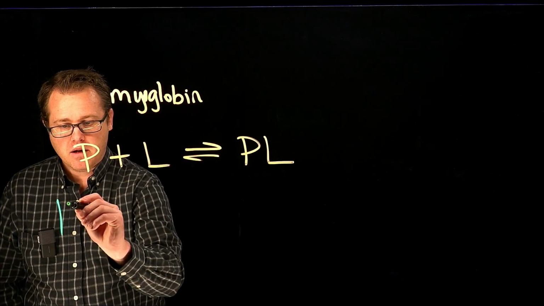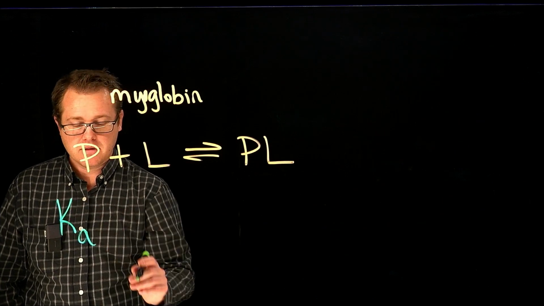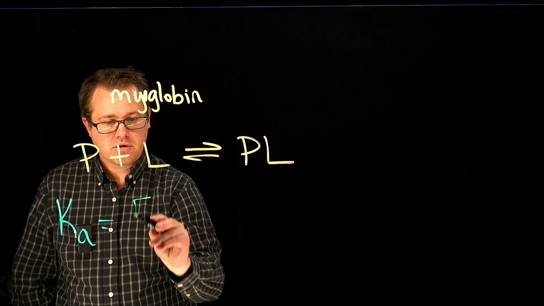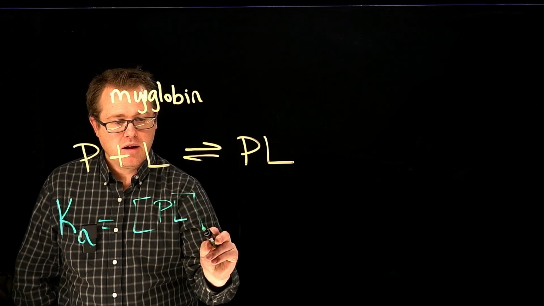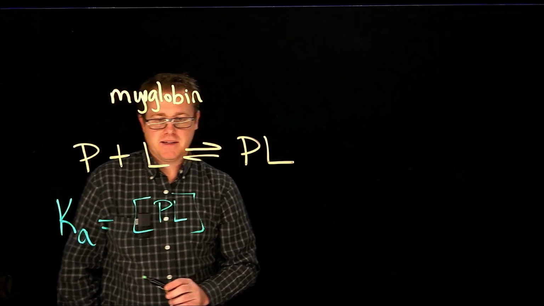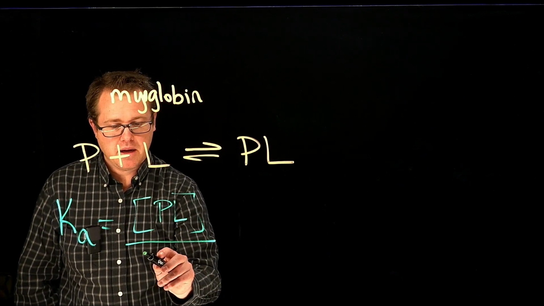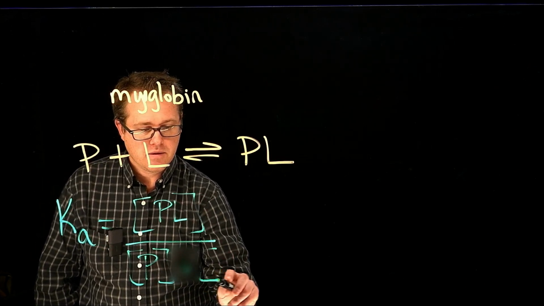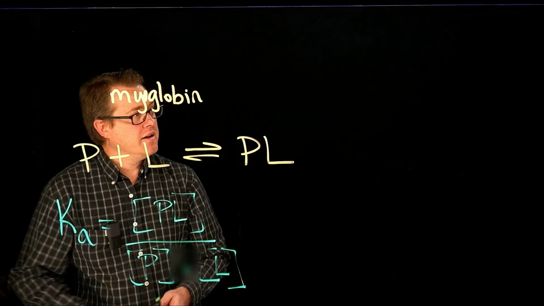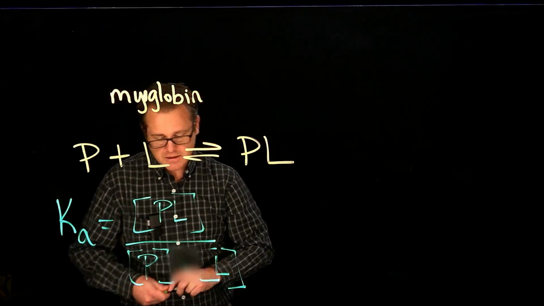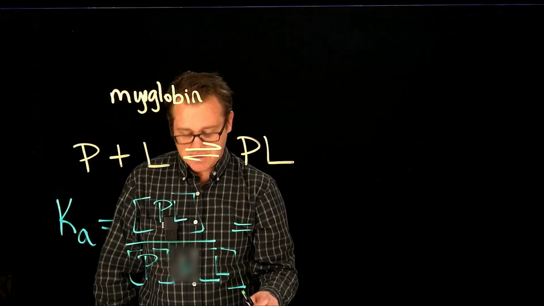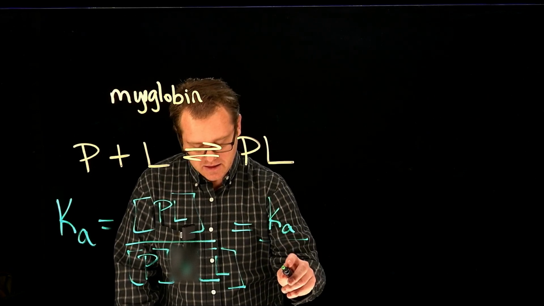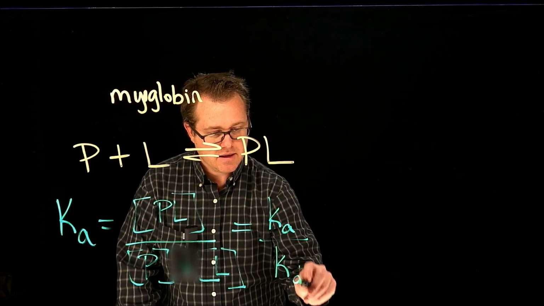We have something called capital K sub a, and that would be equal to the concentration of the occupied state divided by the unoccupied state, and that is equal to lowercase ka divided by lowercase kd.